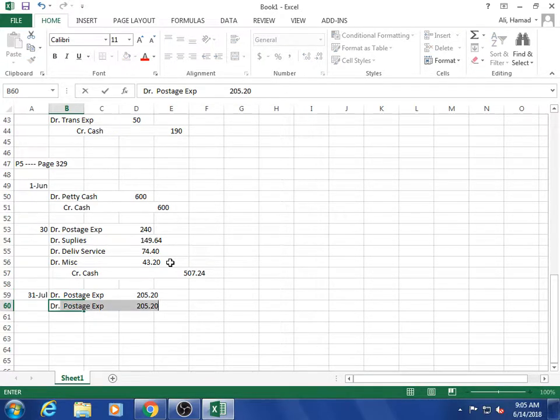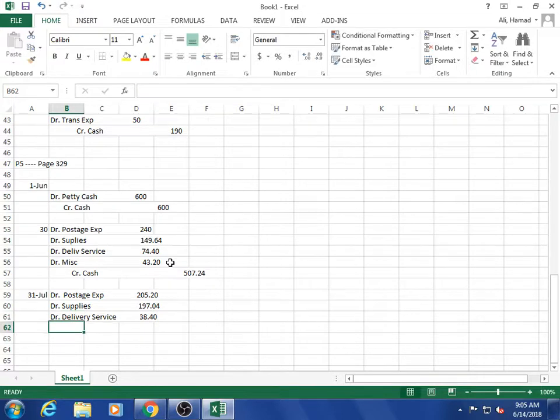Supplies, for $197.04. What else? Then we got delivery service, for $38.40. All right, now we have a shortage of how much?